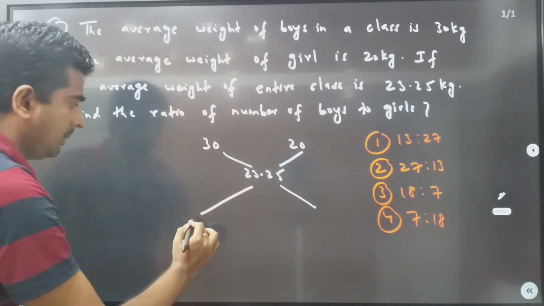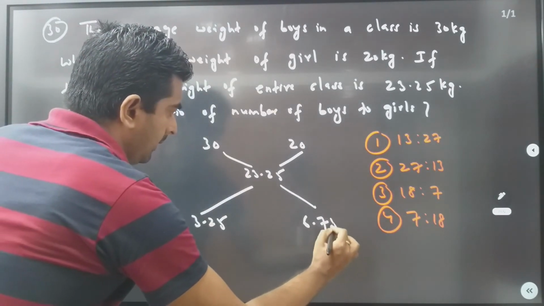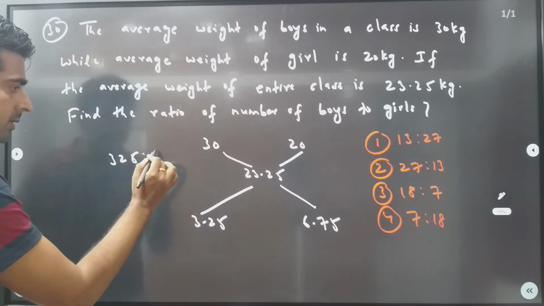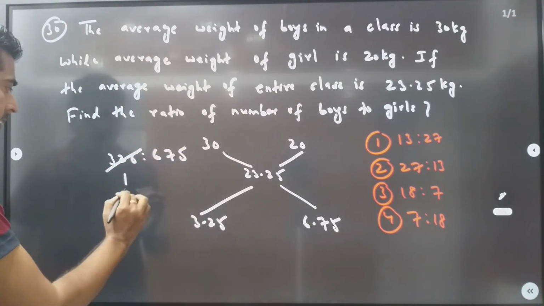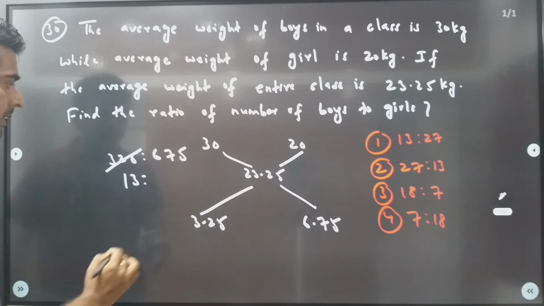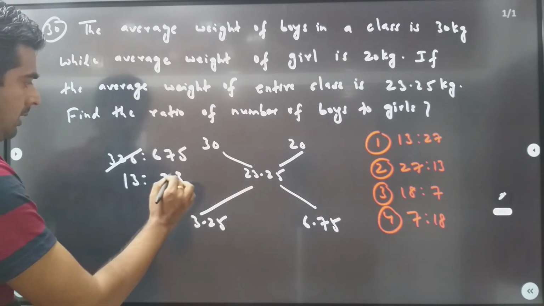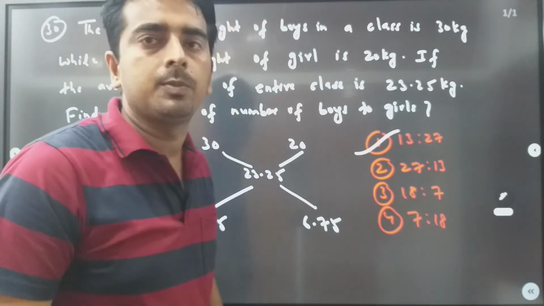Difference how much? 3.25. This is 6.75. So ratio is 325 is to 675. 25 ones are 25, 25 threes are 75, 25 twos are 50, 25 threes are 75, 25 sevens are 175. So 13 is to 27. My answer is first option.